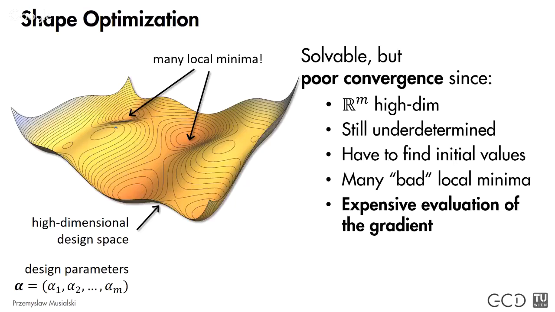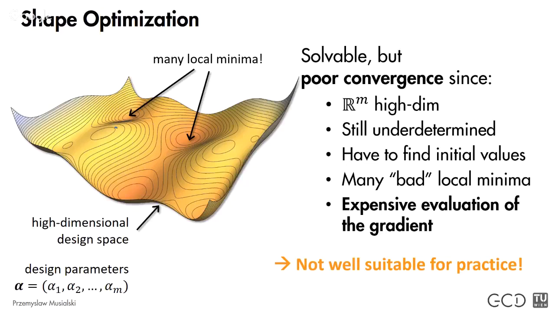There are bad local minima, so the optimizer takes long, and we cannot reach the particular goal target values, and the evaluation of the gradient is usually also expensive. This is also because in this case, when we optimize for sound, we have to discretize the shape with finite elements. So we also have a large number of variables. So it is solvable, but it's not well suited for practice.